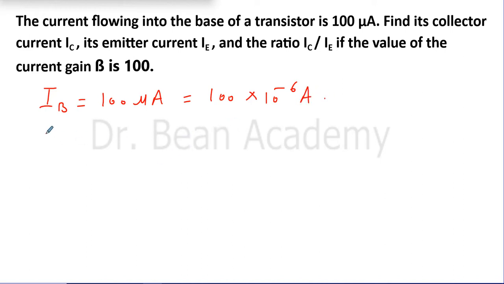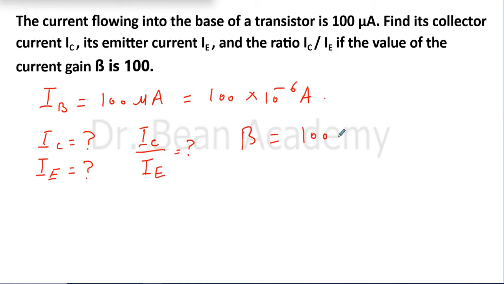Then we need to find IC, the collector current, and emitter current IE, and the ratio IC over IE, if the value of the beta is 100. So let's see what do we have.